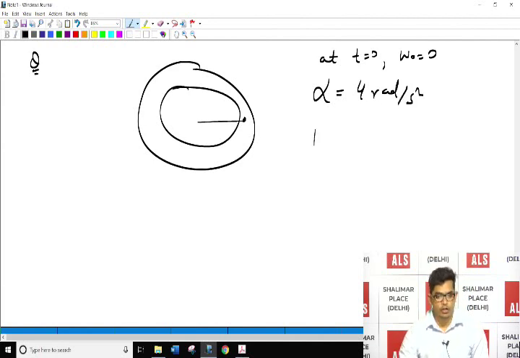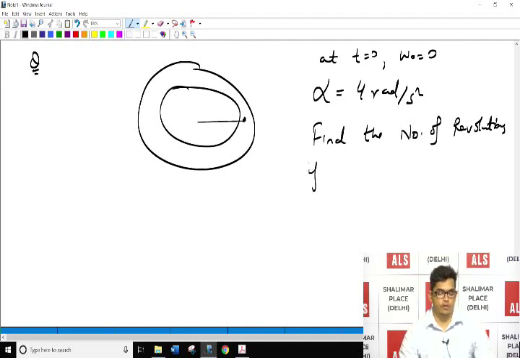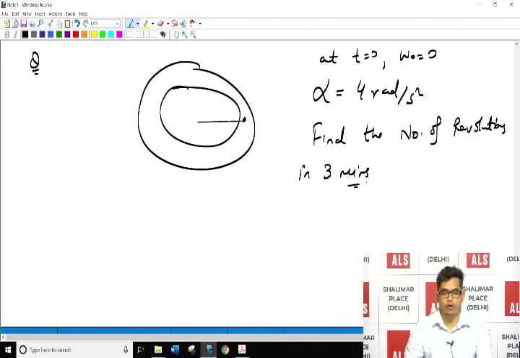Question is, find the number of revolutions in 3 minutes, given that radius r is equal to 15 meters.